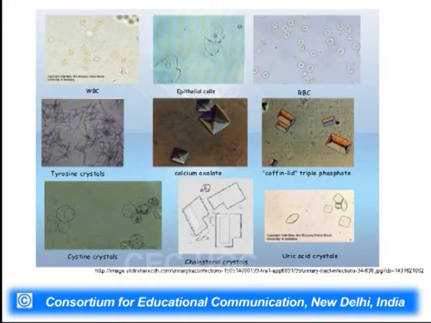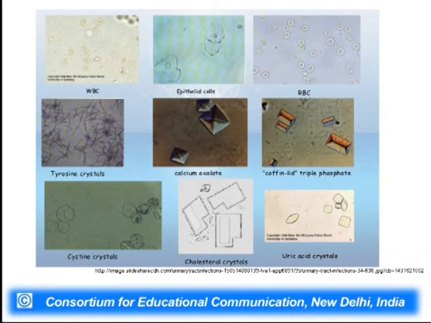In this image we can see various red blood cells, WBCs, and various crystals under the microscope. The white blood cells are seen in the urine, then the epithelial cells, then the red blood cells, the tyrosine crystals, the calcium oxalate, the cystine crystals, cholesterol crystals, and the uric acid crystals.